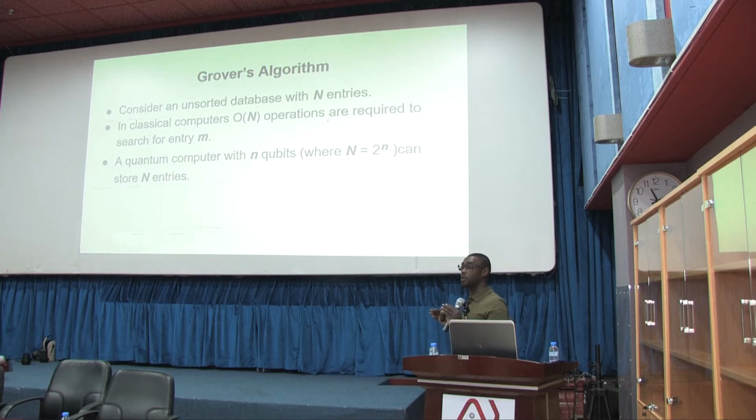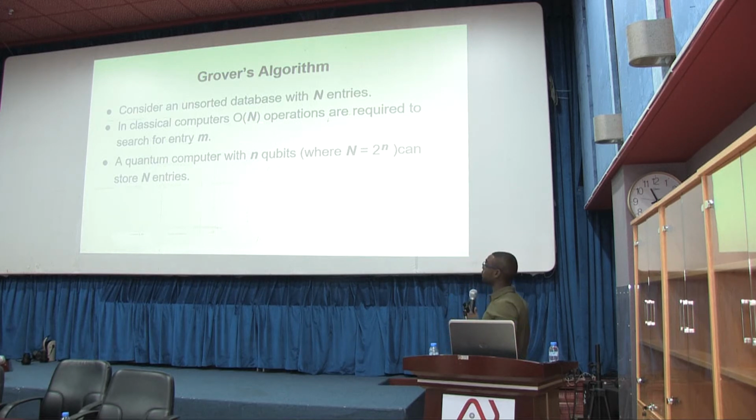We all know that to search an unordered set in a database, we require n operations if we have n entries inside the database, correct? So, for example, in classical computers, it takes an order of n operations to search for a specific entry m inside the database.